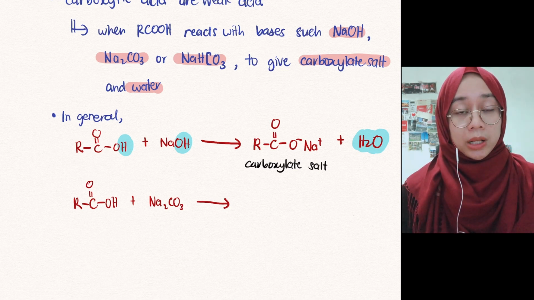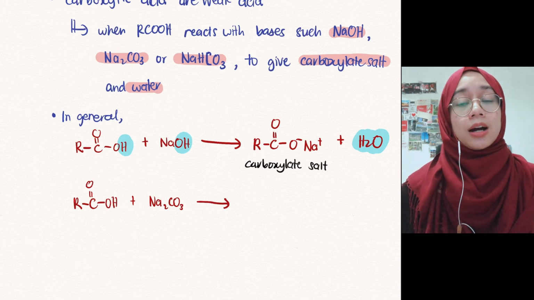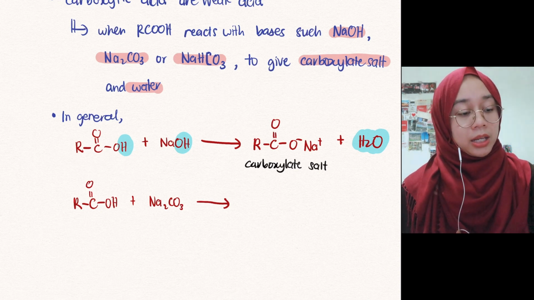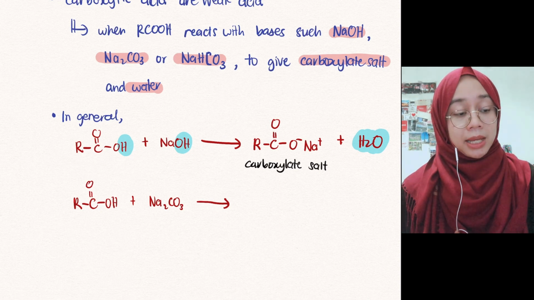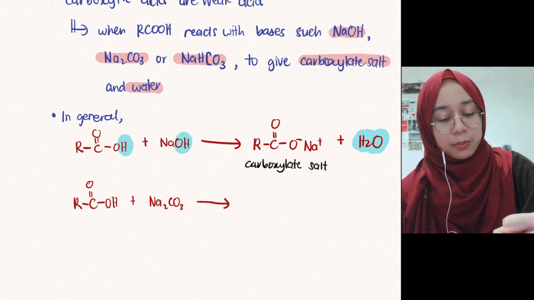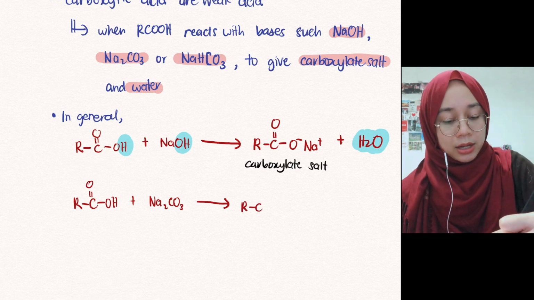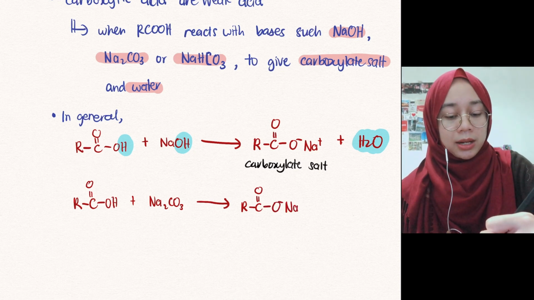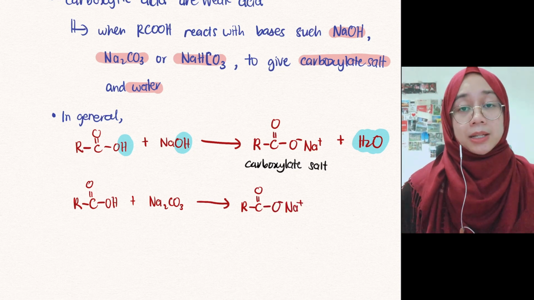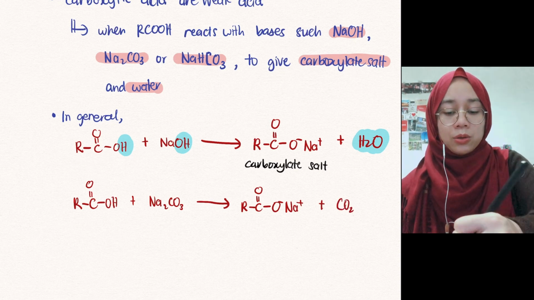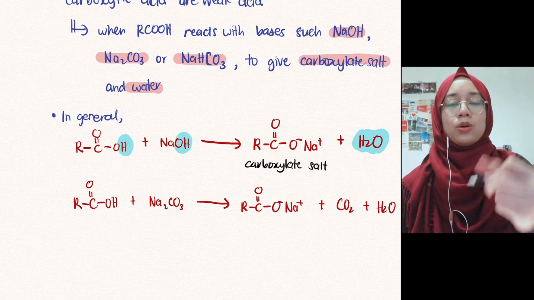So selain daripada water, kita akan produce juga carbon dioxide dekat sini. So again, masih lagi kita menghasilkan water dengan salt. So salt dia pula still kamu akan dapat RCOO negative. So since kita guna metal sodium kat situ, still dapat Na plus lah kat situ. And then kamu just tambahkan CO2 and also H2O.